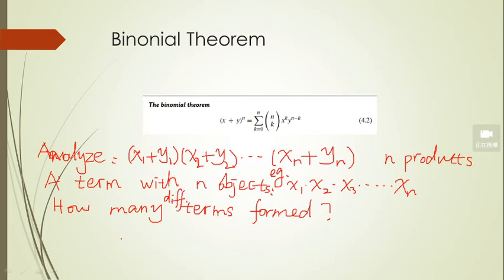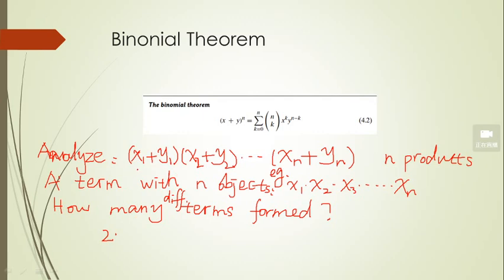In each parenthesis you have two different outcomes. When you answer the question, think about it. We have n parentheses.